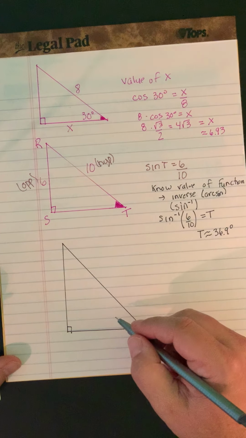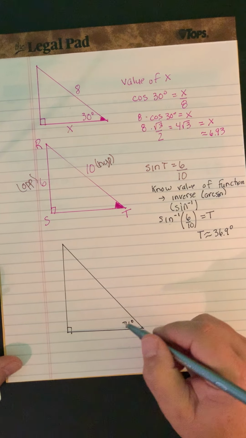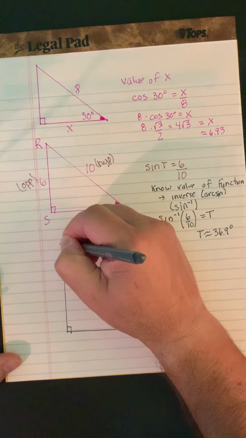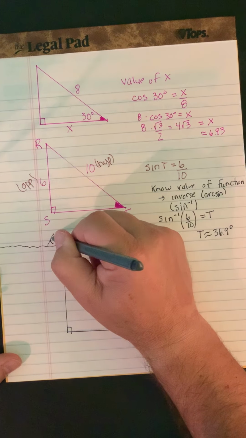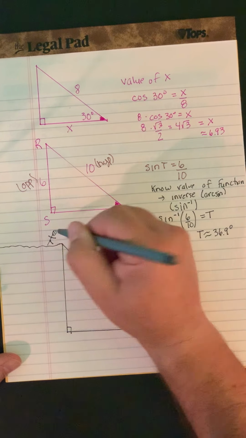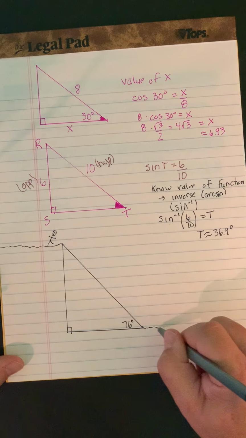So let's say you're looking up at the top of who knows what. Let's say this is a cliff. You're up here on a little cliff, and it's like, yay, I'm up here. You can't see me, but I can see you, and I'm spying on you because you're down here. Here's the beach.